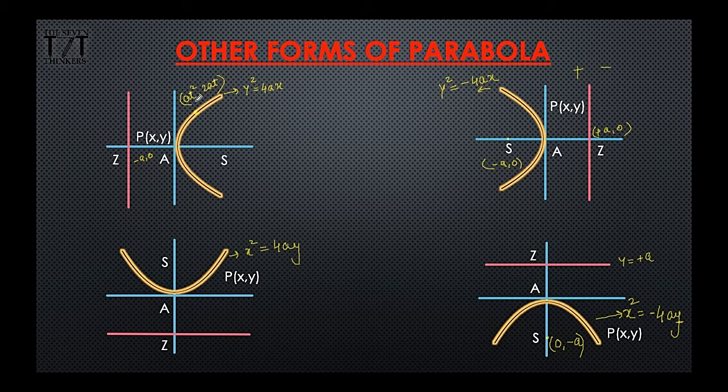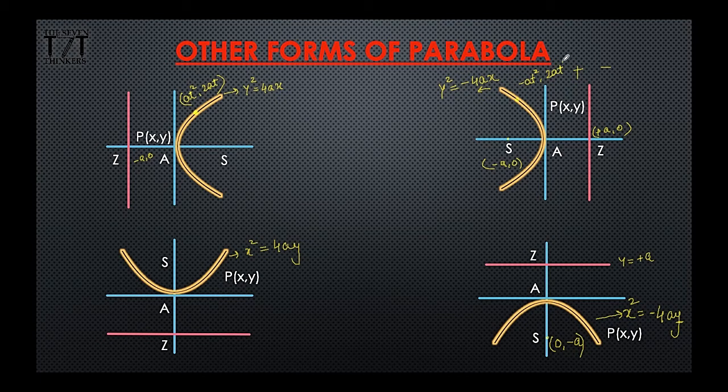is, if we know the parametric coordinates of this, would the parametric coordinates be the same? As I told, the parametric coordinates satisfy the given curve. No, what would be the difference is just a negative sign over here. Since the x-axis has changed, similarly the x coordinate will also change.